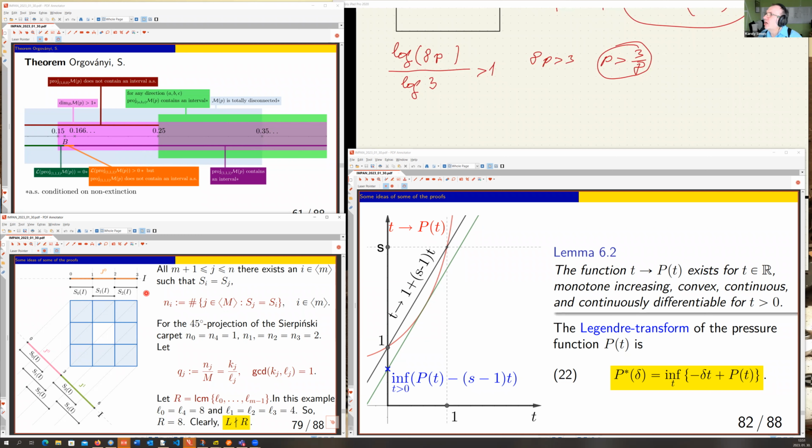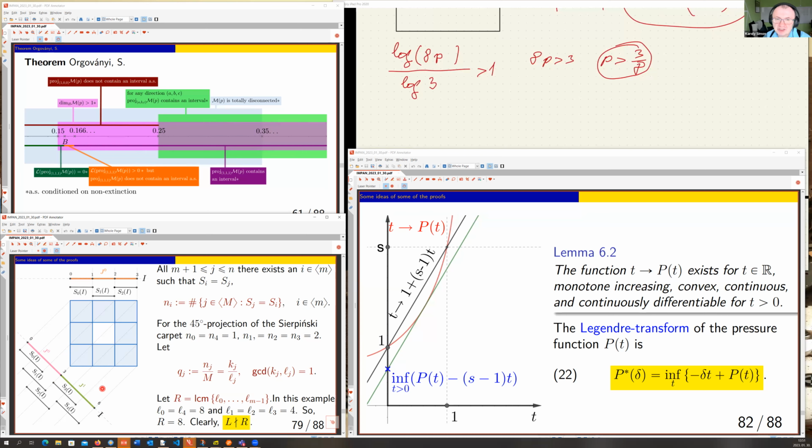And they use branching processes in varying environment, and we need the same with multi-type branching processes in varying environment, but we have not yet done that.